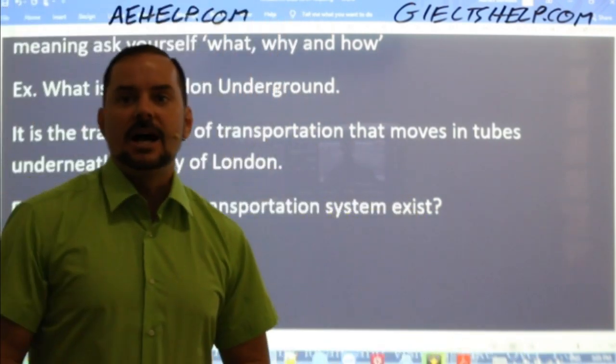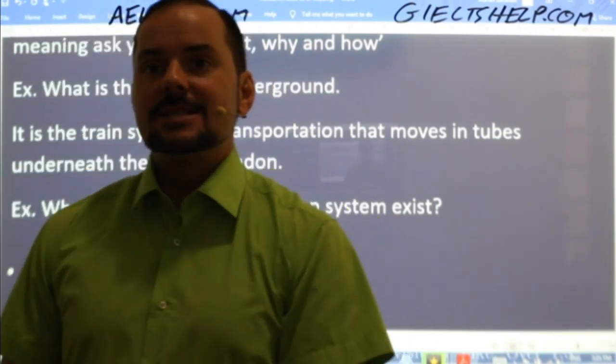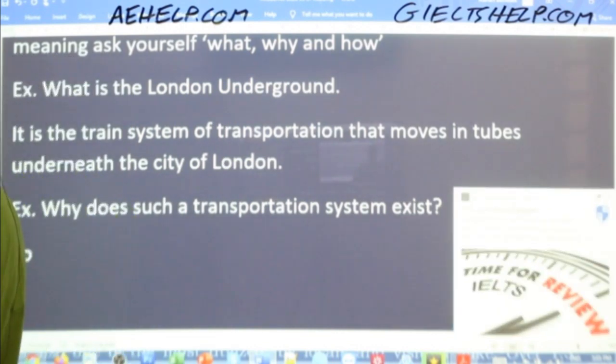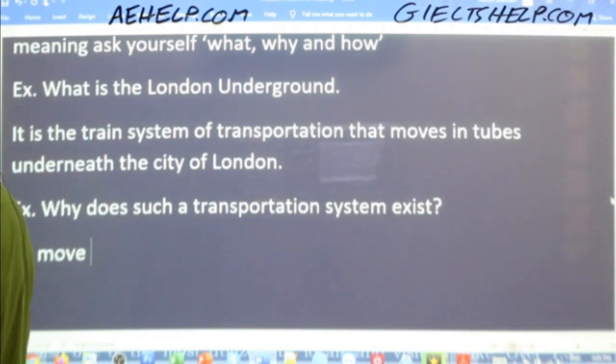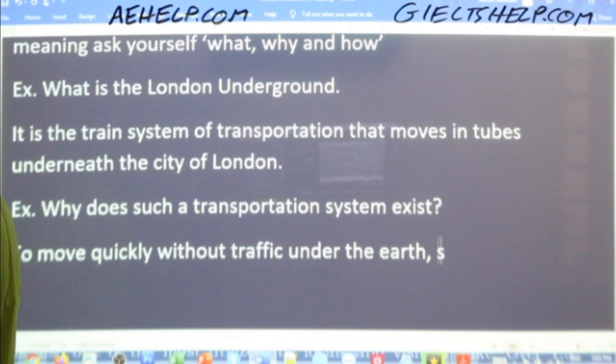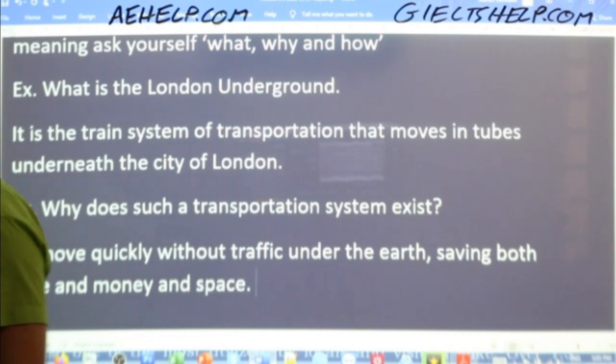Okay, good, Hadi. Hadiyar says that there's no traffic, it's high speed to save space and time. Very good, Alex. So to move quickly, without traffic, under the earth, saving time and money and space. Very good.